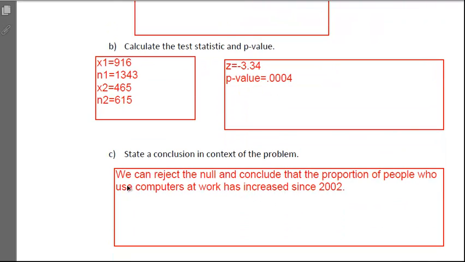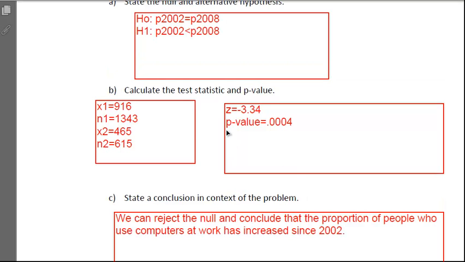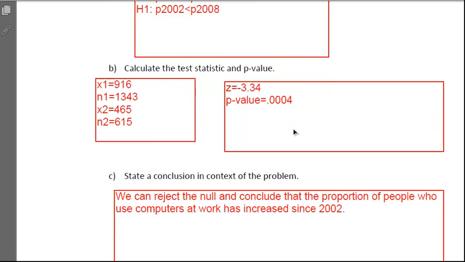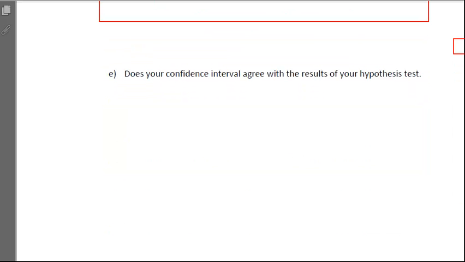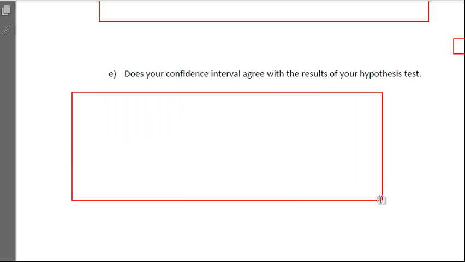In our hypothesis test, our conclusion also said that the proportion has increased since 2002. Because we rejected the null, we would expect our confidence interval to not contain 0, so to be significant. And both the confidence interval and the hypothesis test state that the proportion has increased since 2002.